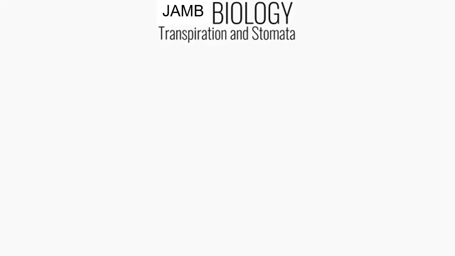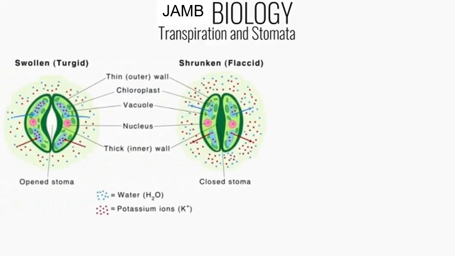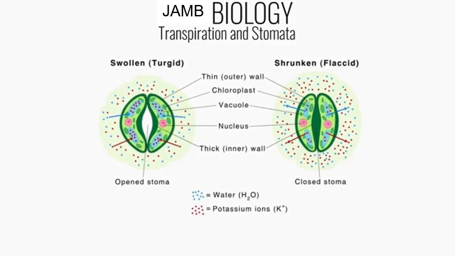So that's it, guys. And before we wrap up this lesson, let us consider how the guard cells are adapted for the closing and opening of the stomata. When the plant has lots of water, the guard cells are filled and become plump and turgid.